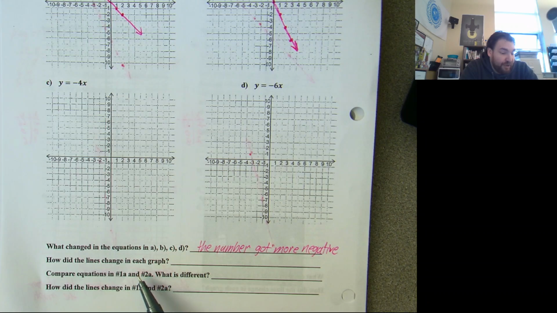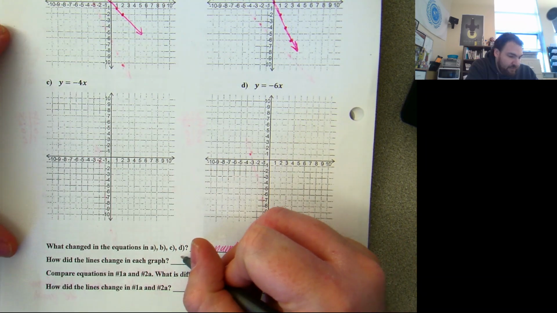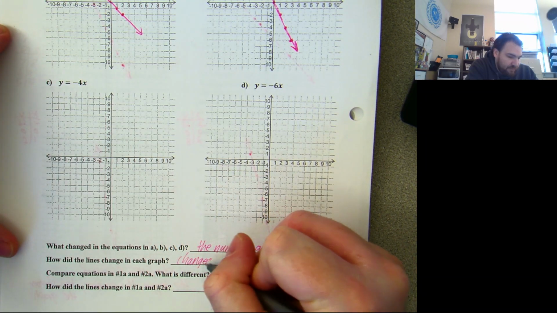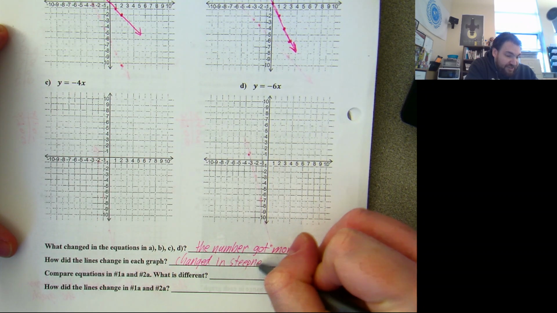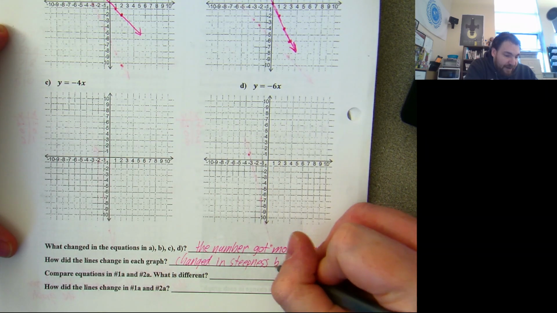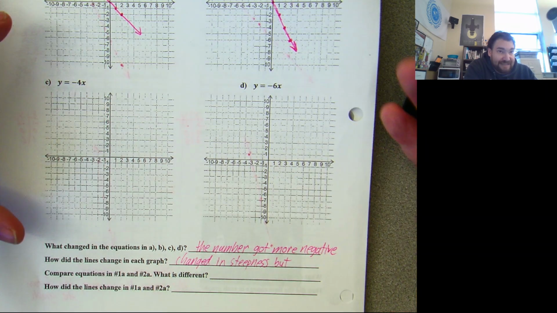So the lines were, again, changing in their steepness, but they were pointed the other way. Okay, they changed in steepness again. But if you're looking at them from left to right, they were going down instead of up.